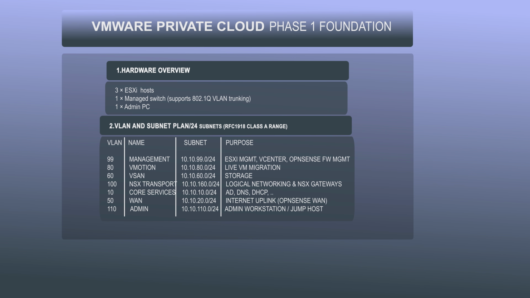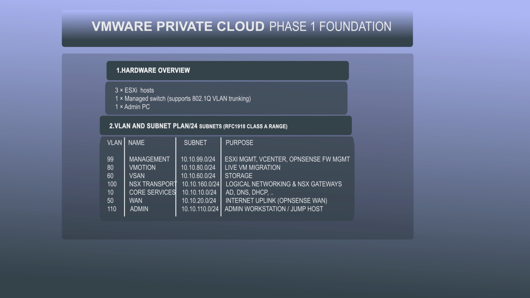Then the VLAN 50 is for WAN. The purpose is to have an internet uplink or logical WAN based on OpenSANs next generation firewall. Then the VLAN 110 is for admin workstation or jump host, so we can manage all these virtual machines inside of VMware.